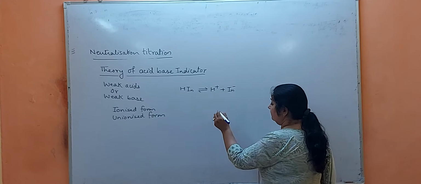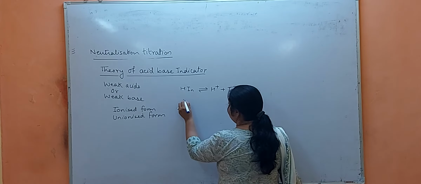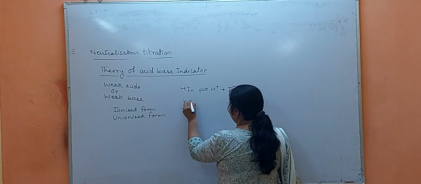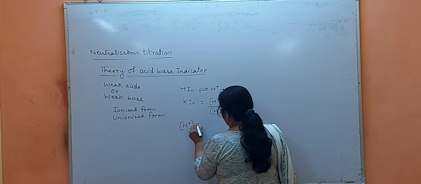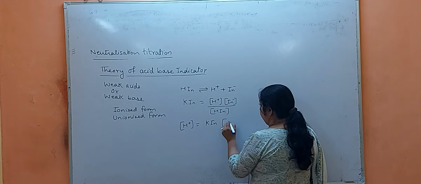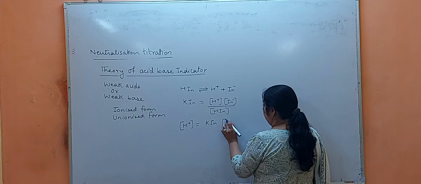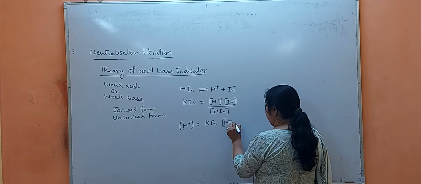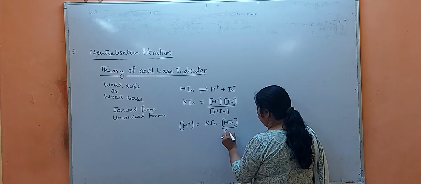So now the dissociation constant can be given as KIN equal to concentration of H plus into concentration of IN minus upon HIN. Suppose from this I wish to calculate H plus, it will be KIN into HIN upon IN minus.